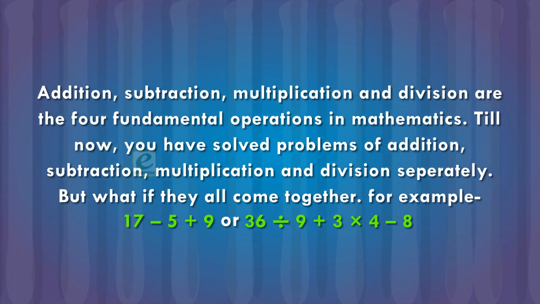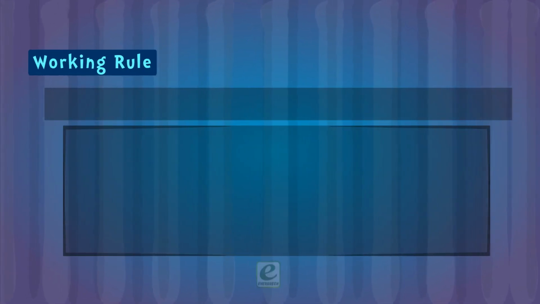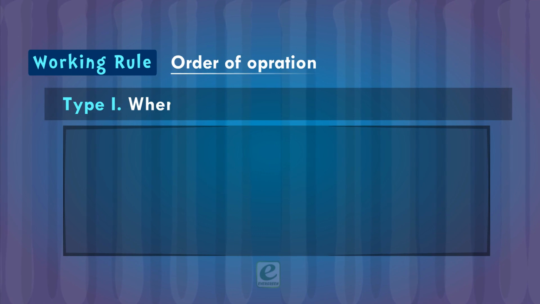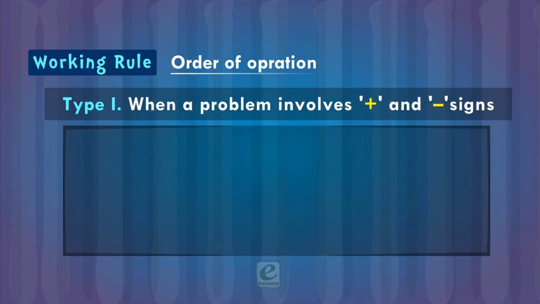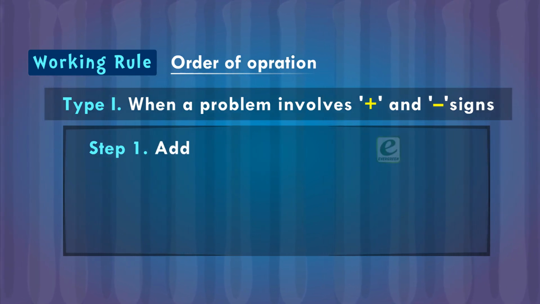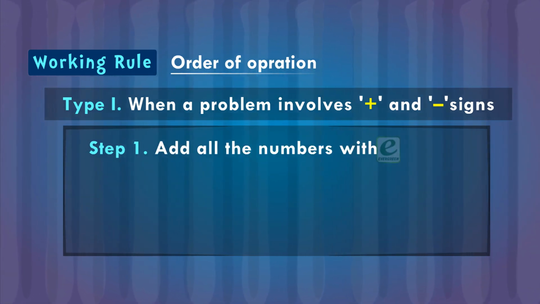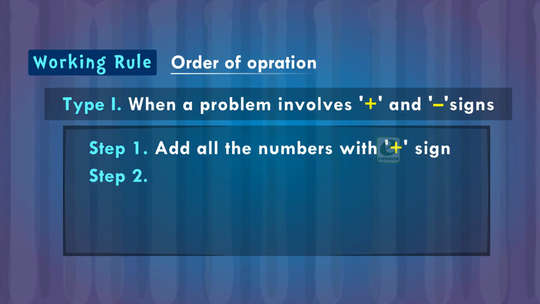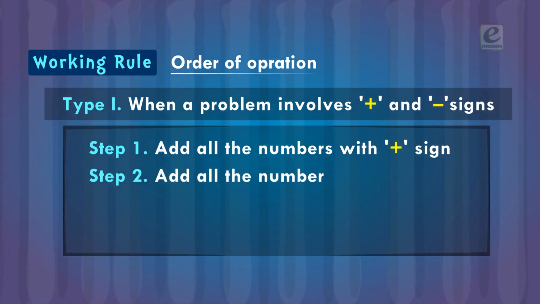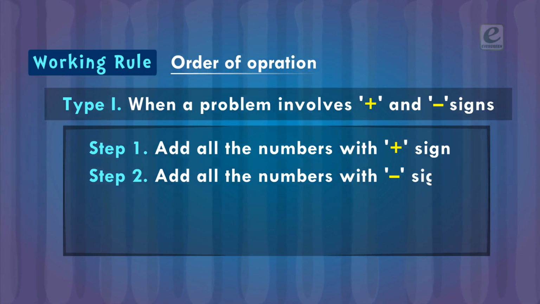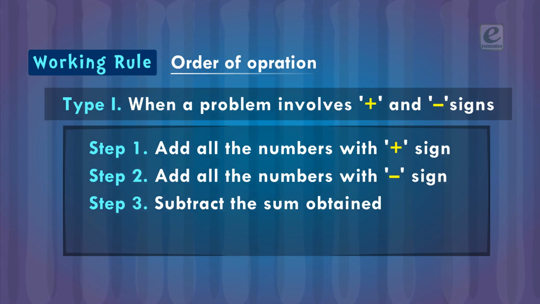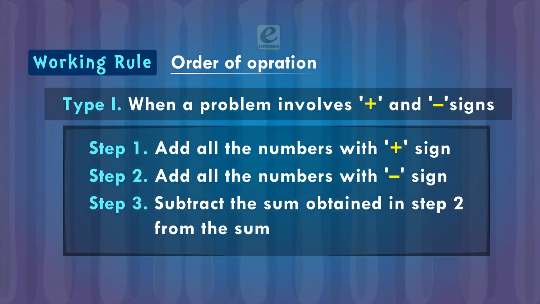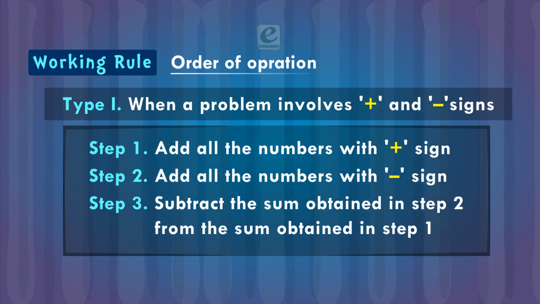In first case, we perform these operations according to the following rules. Type 1. When a problem involves addition and subtraction signs. Step 1. Add all the numbers with addition sign. Step 2. Add all the numbers with subtraction sign. Step 3. Subtract the sum obtained in step 2 from the sum obtained in step 1.